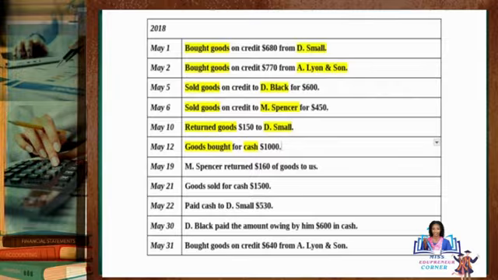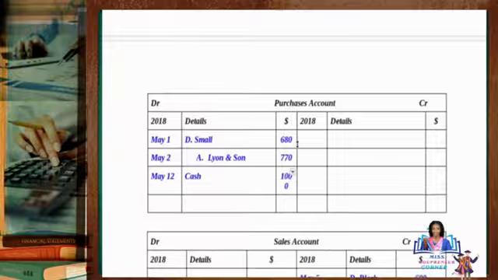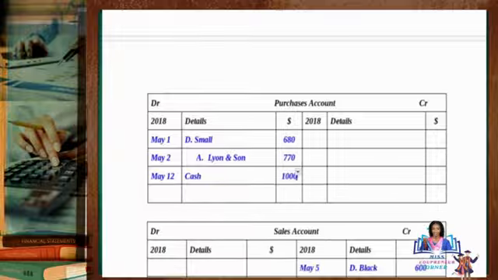So we're going to make a debit entry in the purchases account and a credit entry in the cash account. And then we go down to the cash account.